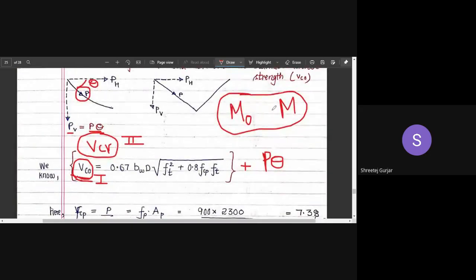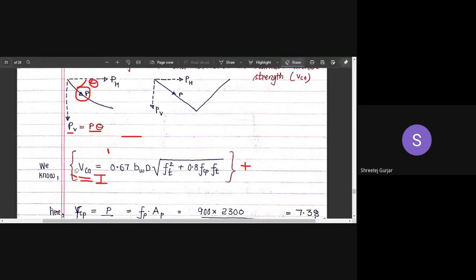If they give you these particular moments and all these things are mentioned, then you have to go for the second equation, that is VCR. So this is the first one, a simpler section where it is uncracked. Keep these things in mind before applying the formula. Is this particular part clear?